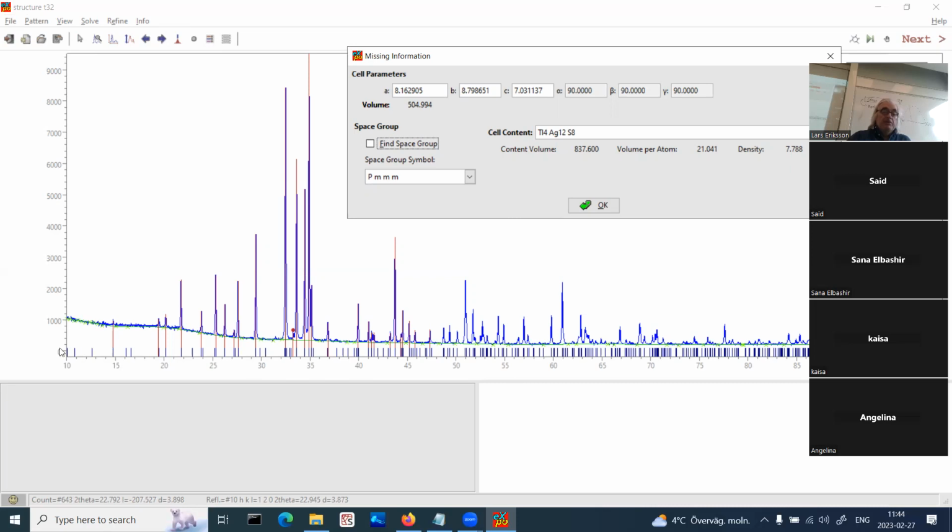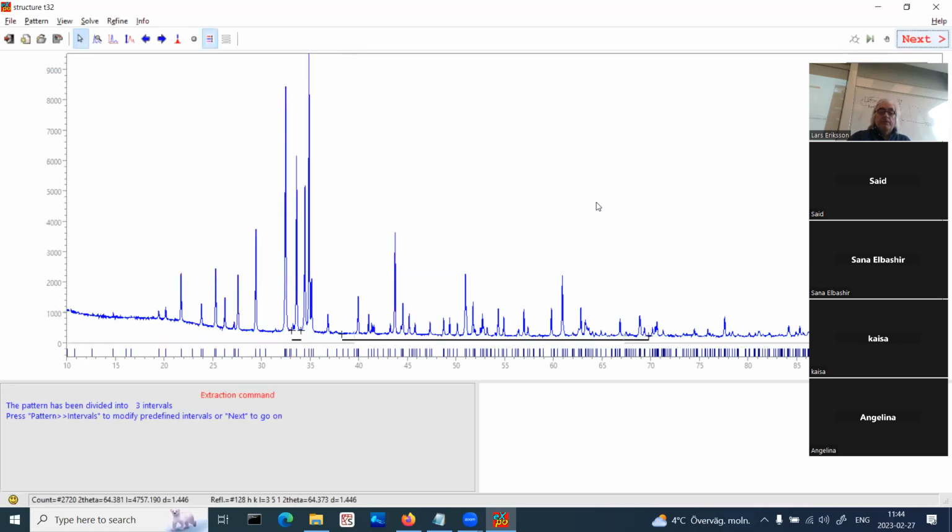It's far from obvious that these three are present in the diffraction pattern. I would vote for not present, and neither these two over here. But we let EXPO try to find the space group. We'll see what it does.